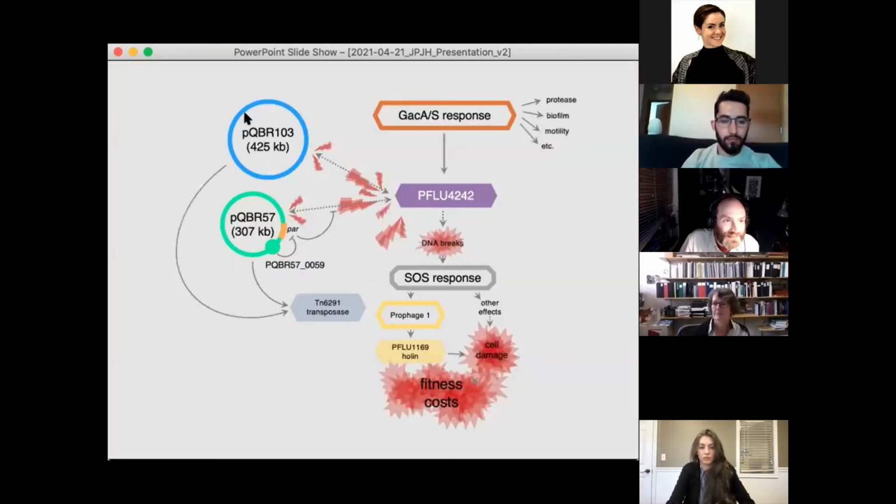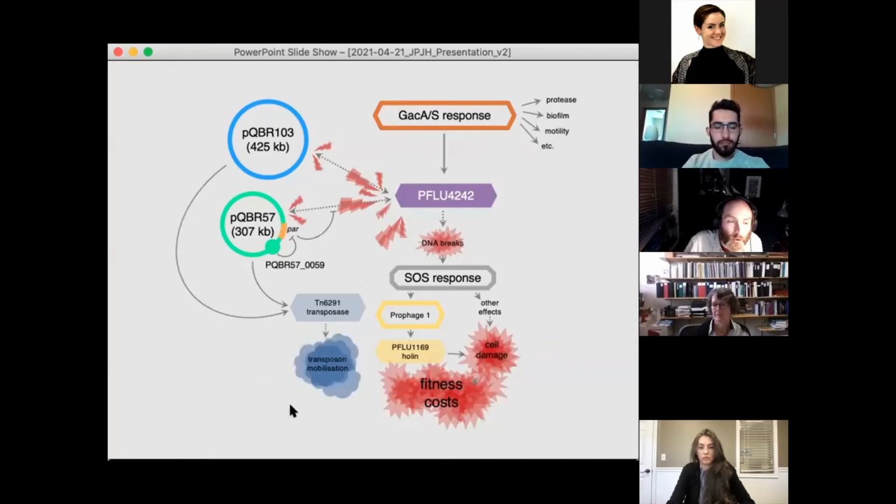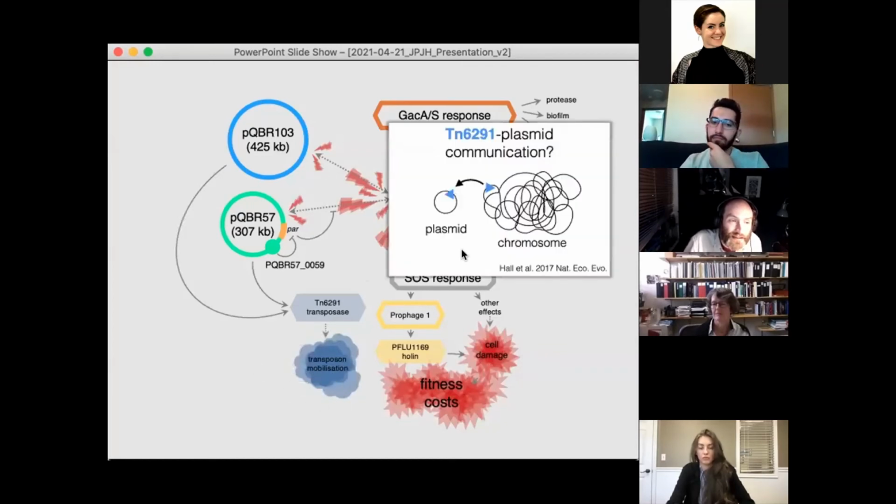So what this means is that these plasmids can upregulate this transposase independently of all these other fitness costs that they're causing. And that can cause transposon mobilization potentially. And in an evolution experiment that we did with Pqbr57, we actually see this transposon becoming activated during the experiment, jumping onto the plasmid and using the plasmid as a vehicle to transmit into new species.